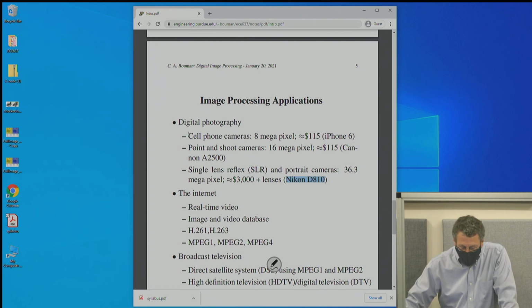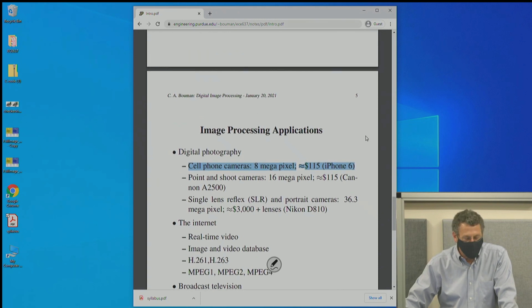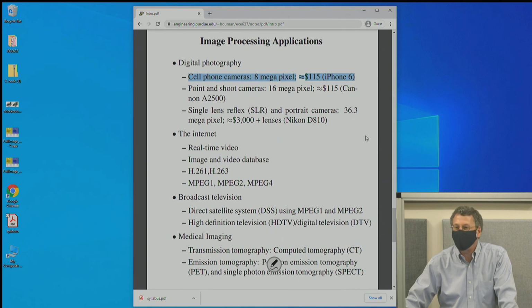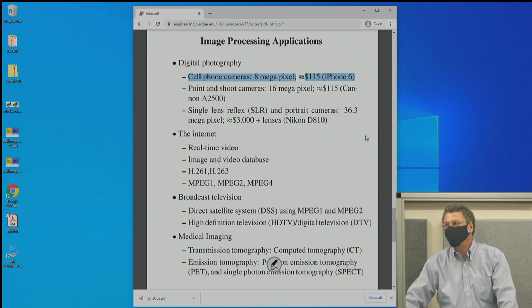And this was in like 1992, 93, something like that. A 6 megapixel digital SLR. How much did it cost? Take a guess. 5,000. Higher. Someone guess. This is in 1992 dollars.